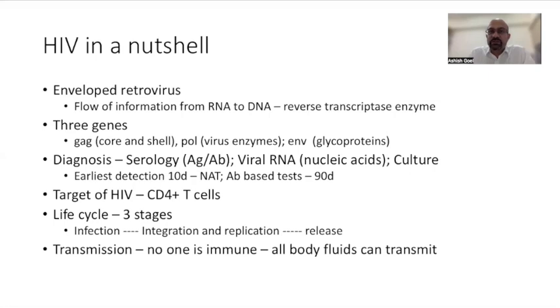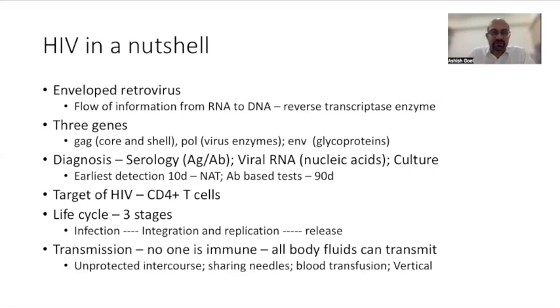It is important to remember the routes of transmission of this virus. Please remember that no one is immune, and all body fluids can transmit infection, although in different degrees of transmissibility, where blood has got the highest grade of transmission.